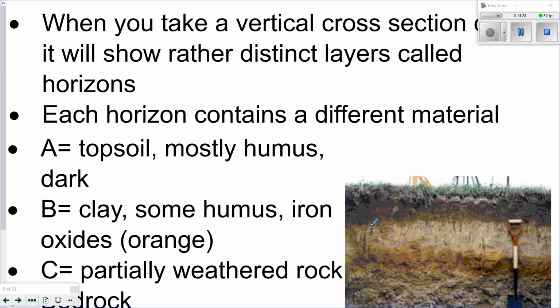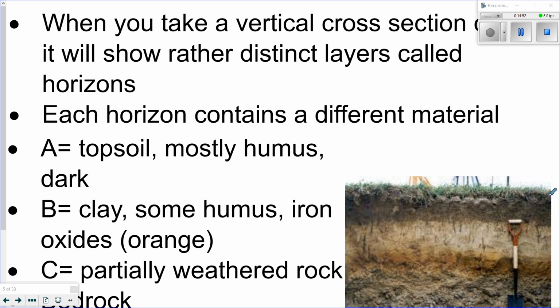All right. So looking at when we do a cross section of the earth, if we take a vertical cross section, it's going to show rather distinct layers called horizons. So here you can see in the picture an outcrop where they have basically dug a large hole.